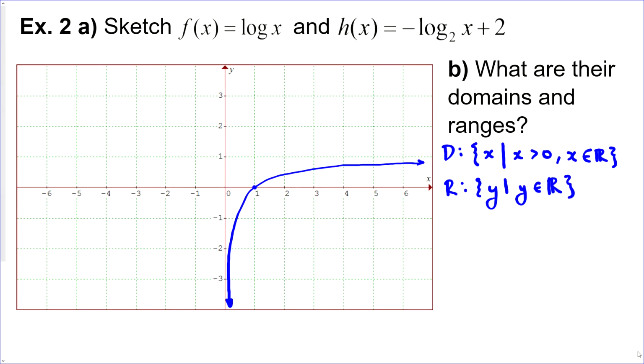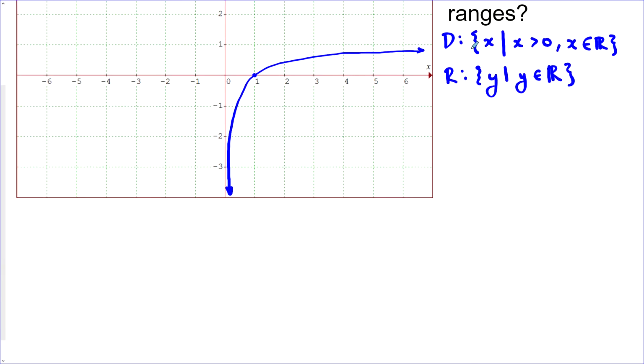Let's switch colors to green and draw the green graph h of x. And this one is a base 2, so it's not a transformation of this graph, it's a completely new one. Now looking at this, it might be easier to solve this one for x instead. I'll show you what I mean.